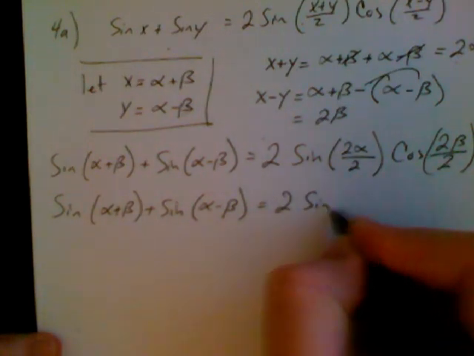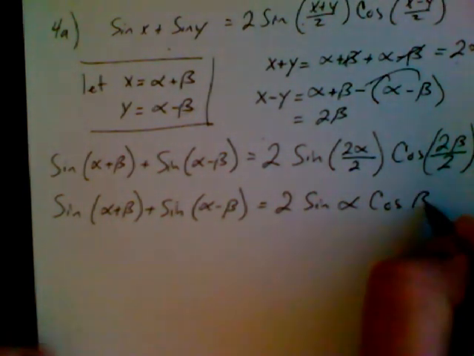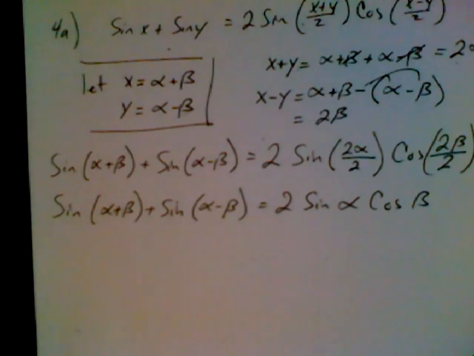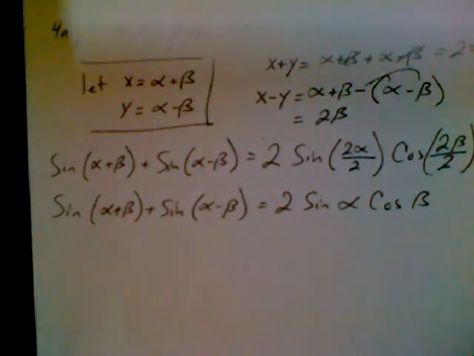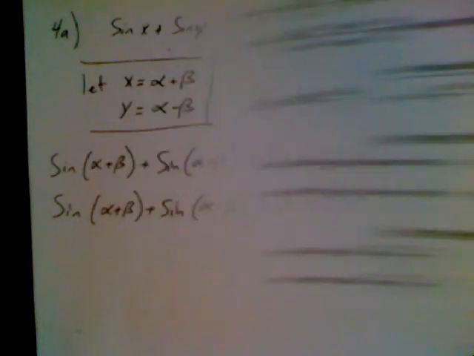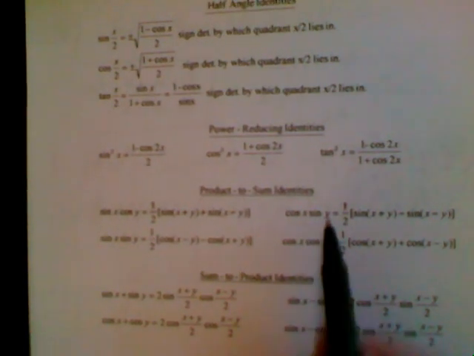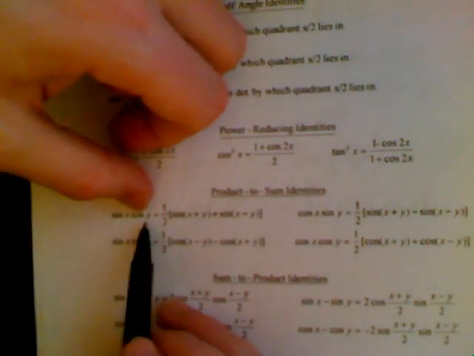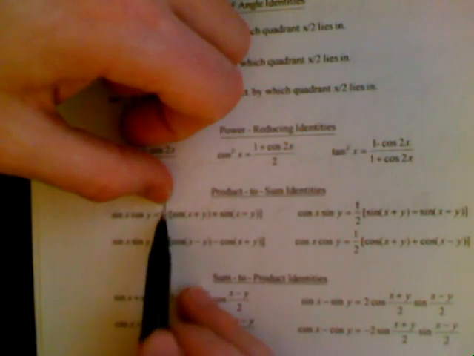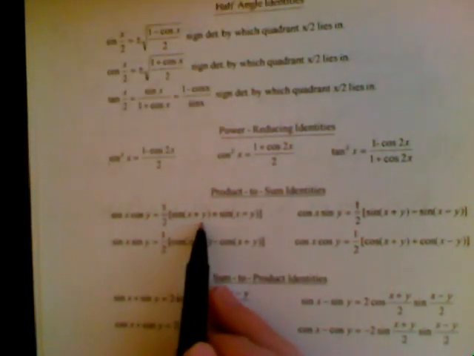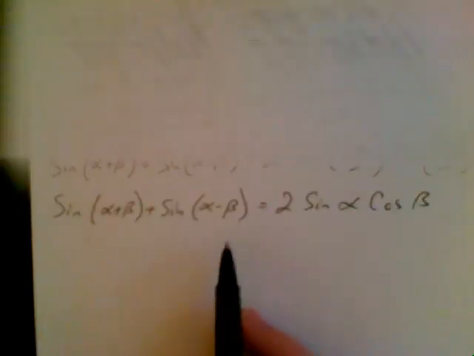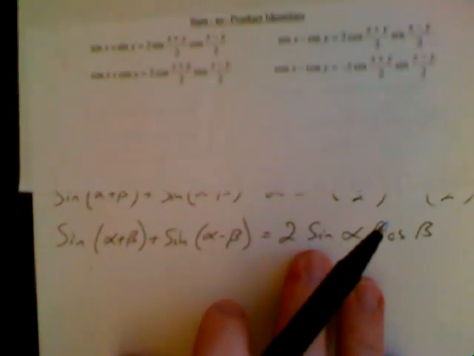2 times the sine of alpha cosine of beta. Now I hope that you're thinking very clearly about this. I'm going to look back to my identity sheet and say, wait a second, 2 sine alpha cosine beta. Sine alpha cosine beta. I see sine of x cosine of y, and that's equal to 1/2 sine of x plus y plus sine of x minus y. Wait a second.